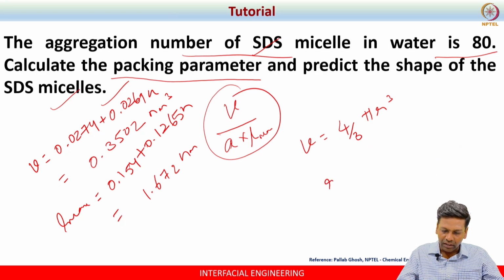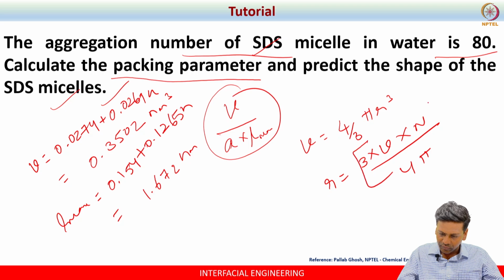So the radius of the micelle will be 3 v into n divided by 4 pi, power 1 by 3.